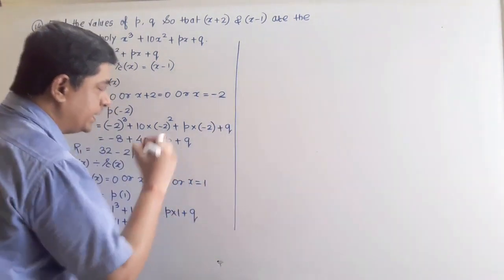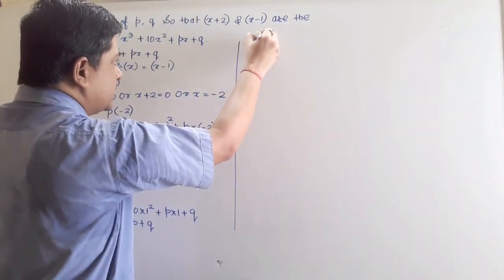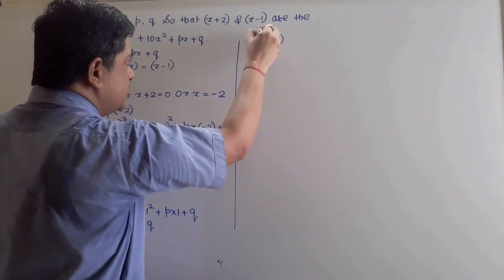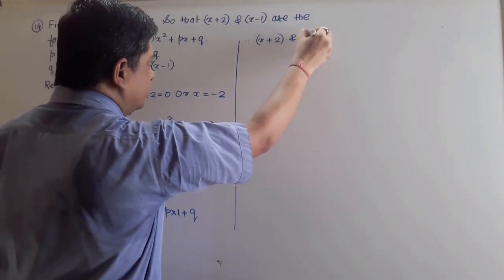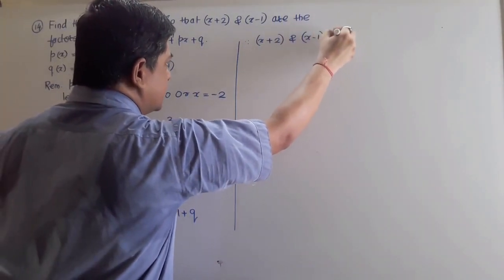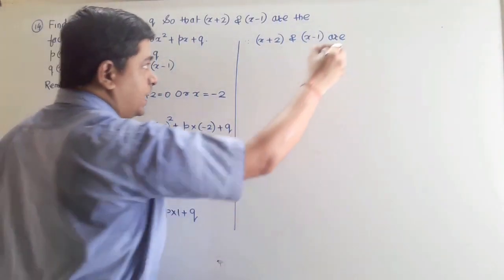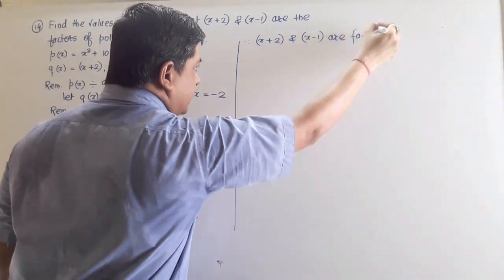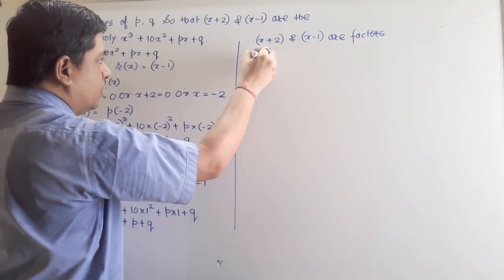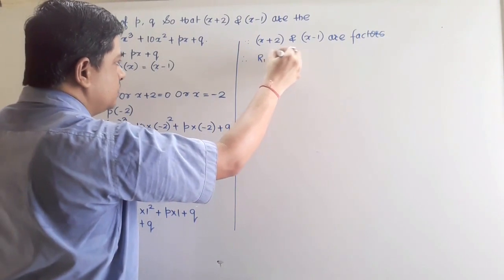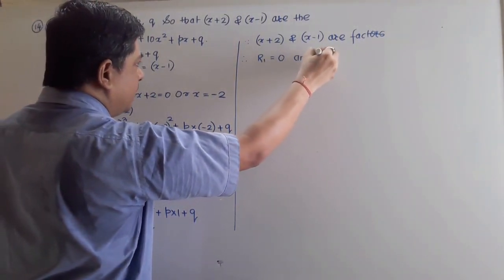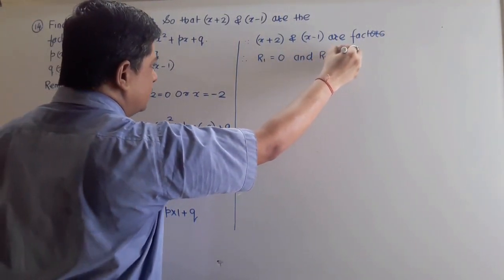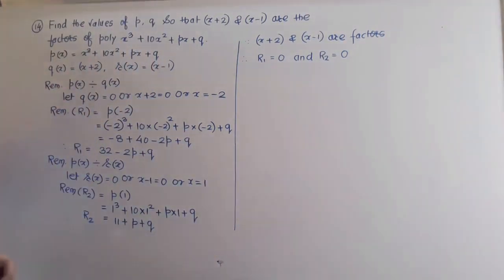Since x plus 2 and x minus 1 are factors, therefore the value of r1 will be equal to 0 and the value of r2 will also be equal to 0. If they are not factors, then the remainder will come as a non-zero value, and that remainder may be mentioned in the question.